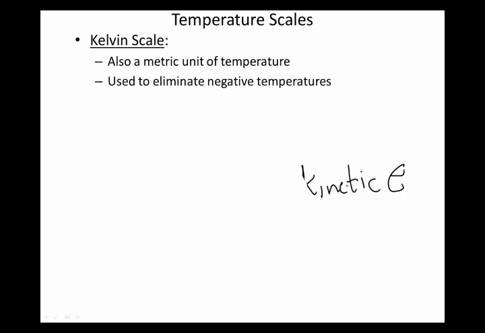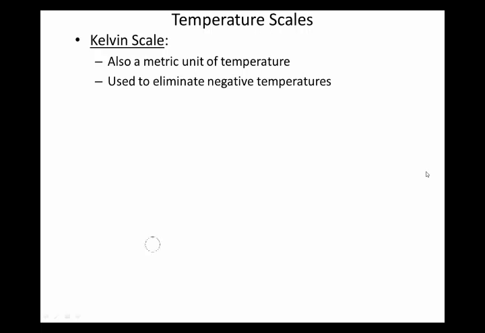So it's the lowest possible temperature we can have, and it's sort of a universal, right? If a temperature is supposed to be the measure of the kinetic energy, then to get something that's proportionate to kinetic energy, we need a scale where the 0 point of the scale is the 0 point of kinetic energy. So that's what 0 Kelvin is.